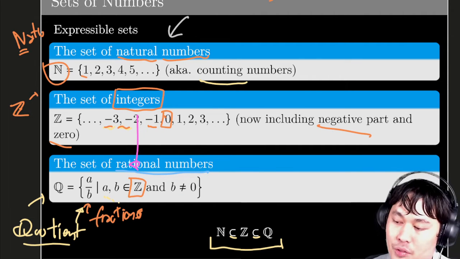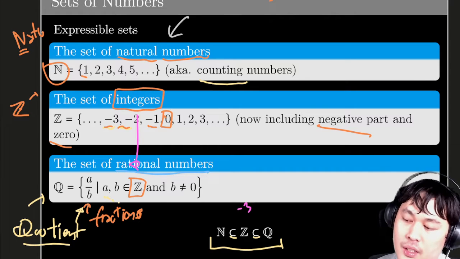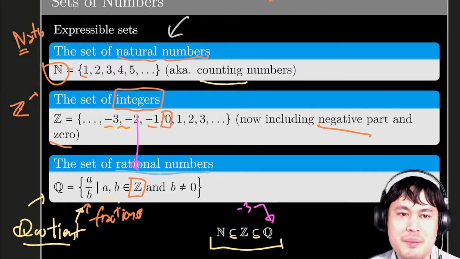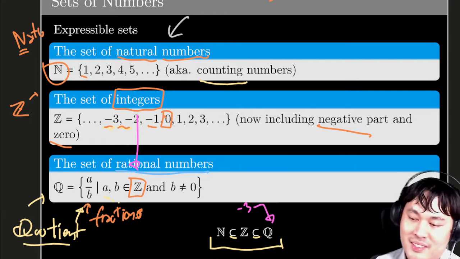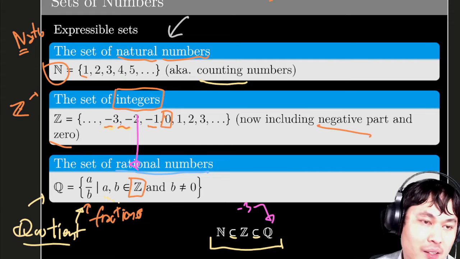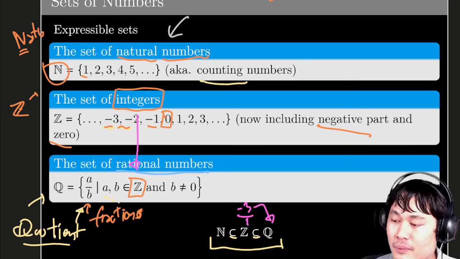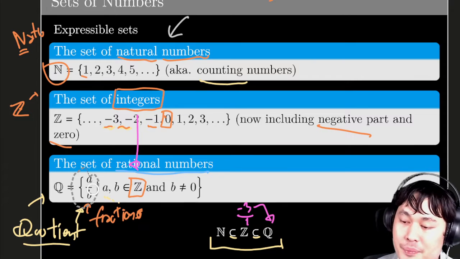That means if you give me an integer, let's say you give me -3, that -3 is also in the set of rational numbers. That's maybe obvious, right? But if you ask me why, we say, oh, because you can write it as -3 over 1. Now -3 over 1 is in the form, and so it is part of this set.